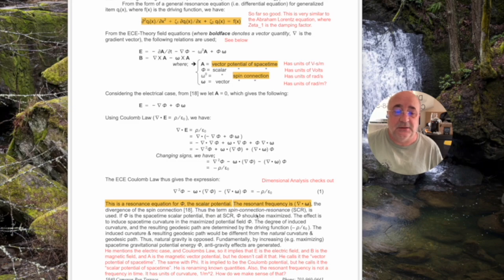And he's talking about a divergence being spin connection or frequency of rotation or something, but there's nothing here saying, other than he calls it that, that makes it that. So there are some background assumptions being made.